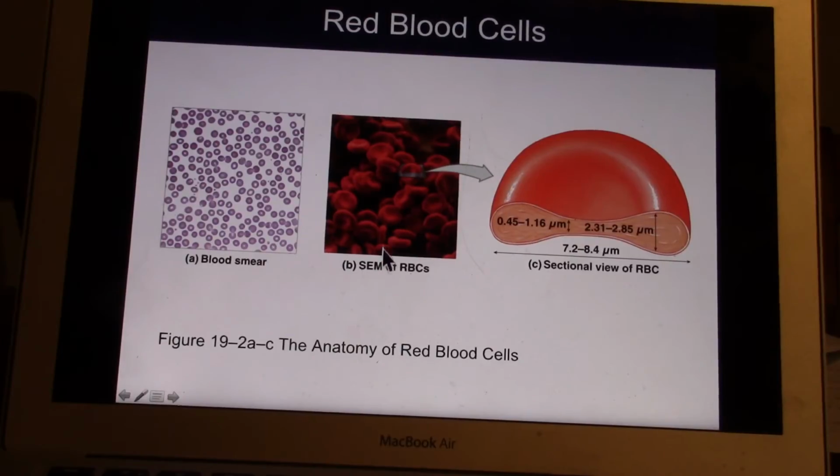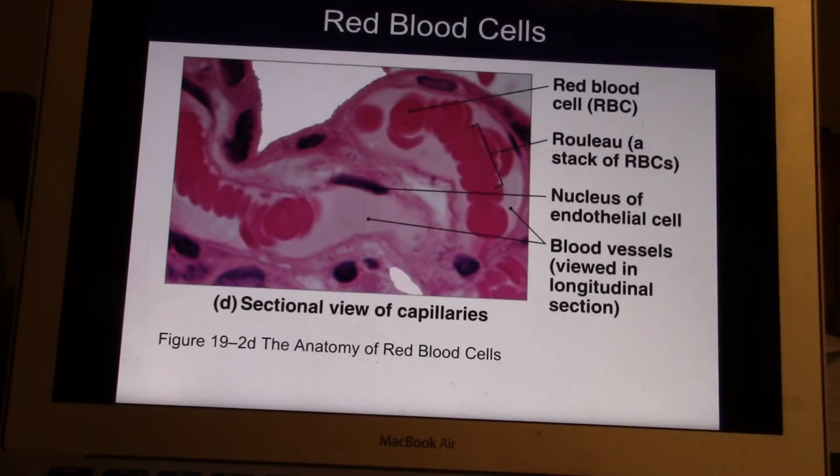This is a scanning electron microscopy of red cells. It's basically 3D at a very, very high magnification. And you can see how they're biconcave discs. From either side, from the top and from the bottom, they are concave. This is what rouleaux look like.